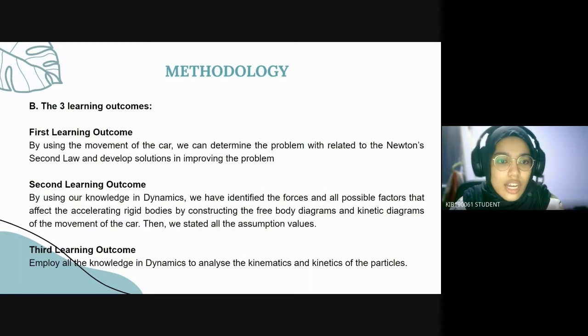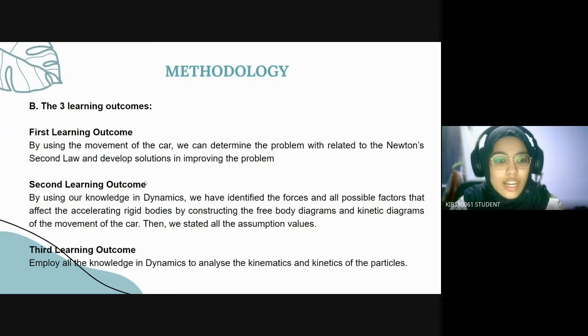Let me explain a bit about the learning outcomes that we are going to gain from our group assignment. The first is that by using the movement of the car, we can determine the problem related to Newton's second law and develop solutions for improving the problem.